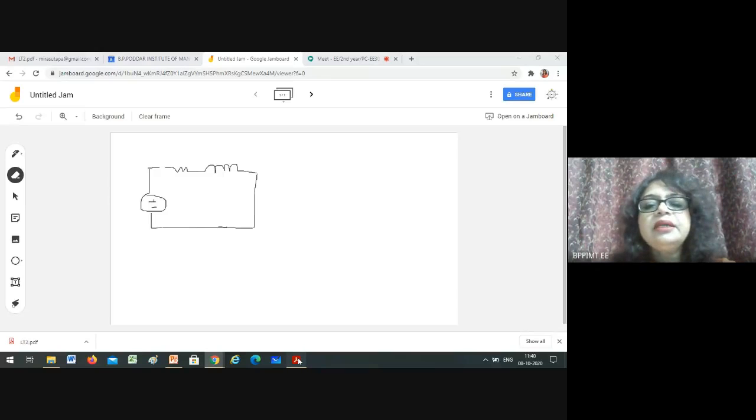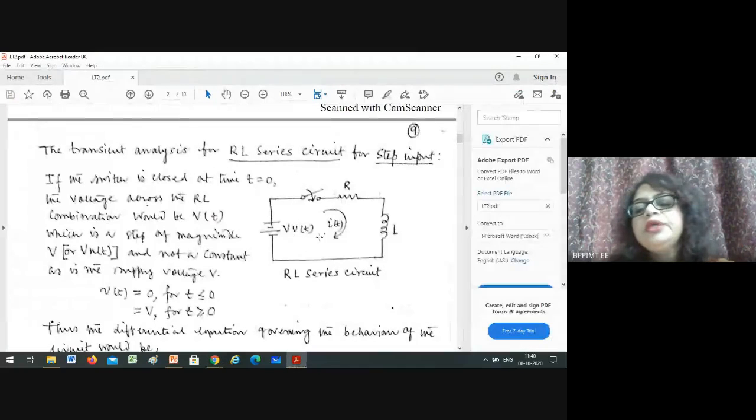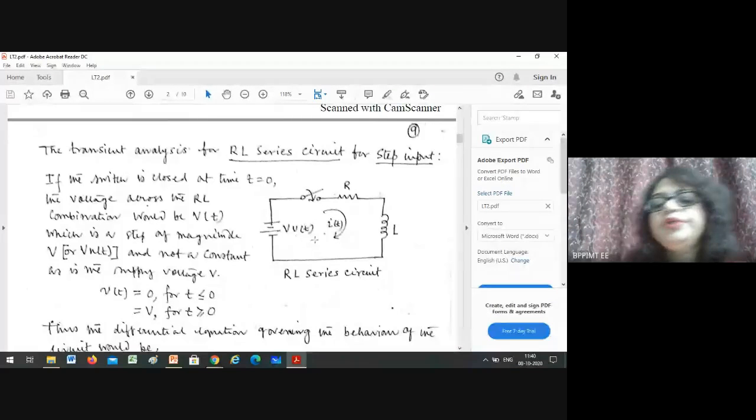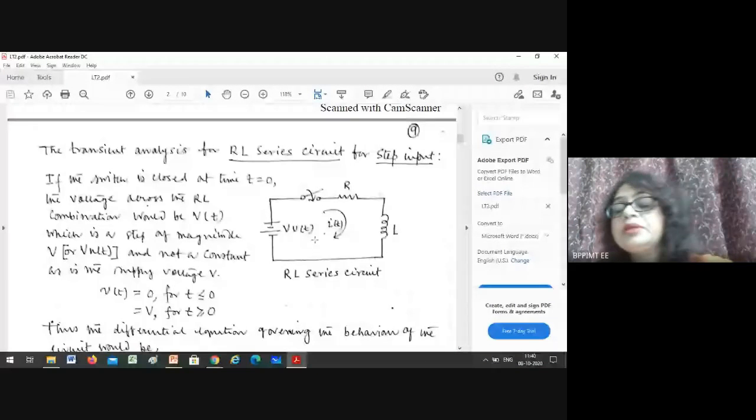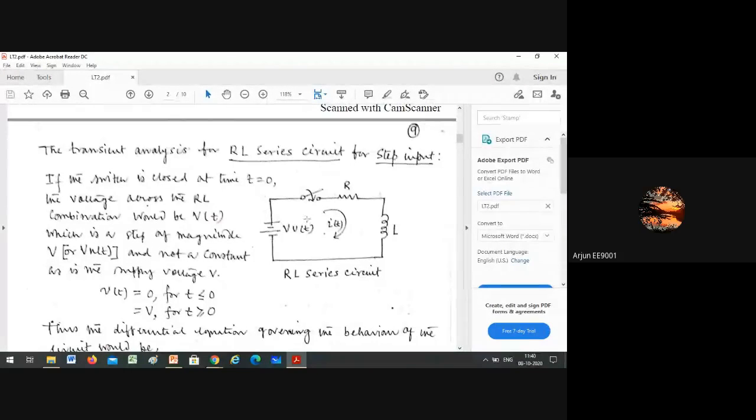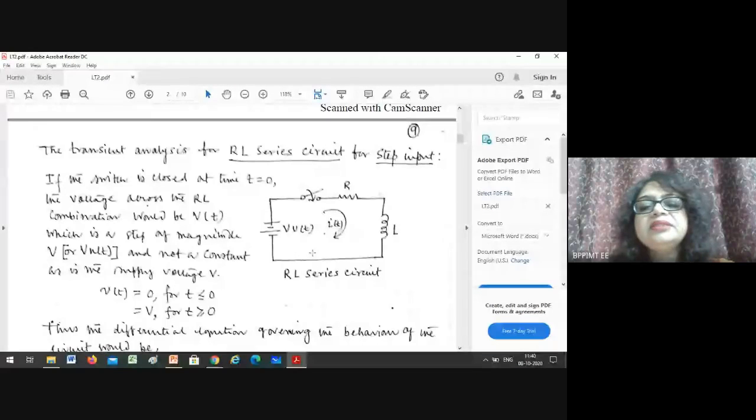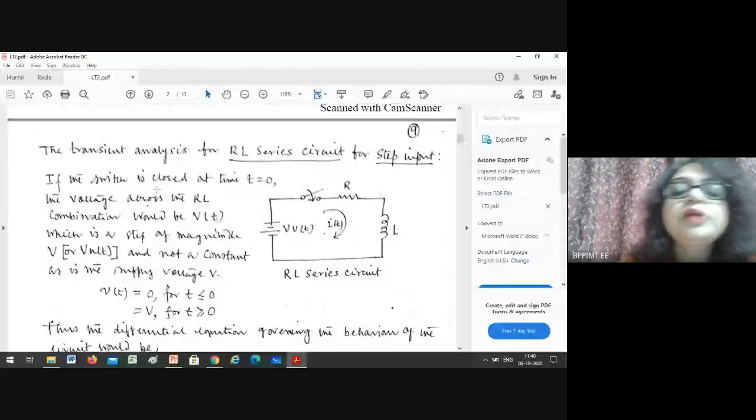The circuit is like this: V u(t), R, L. u(t) means, do you remember V u(t)? It is step input. Yes, step, ma'am. RL series circuit. Here is a switch. So at t equal to 0, the switch is closed, at time t equal to 0.